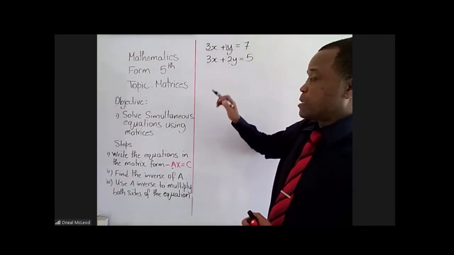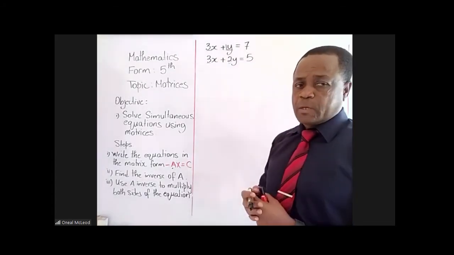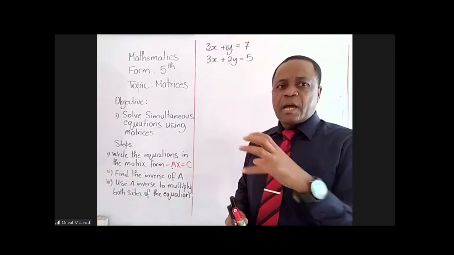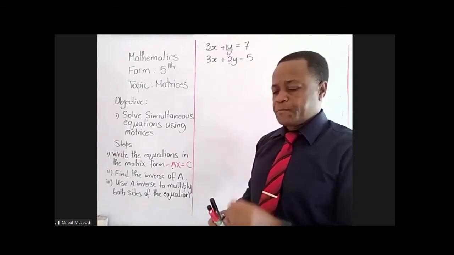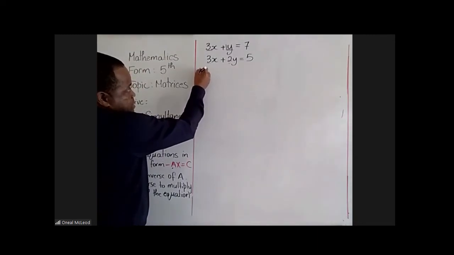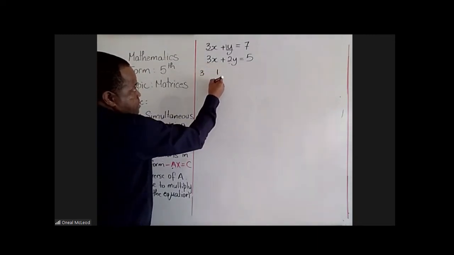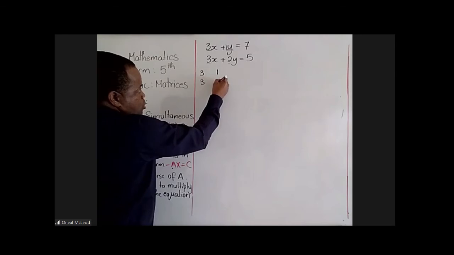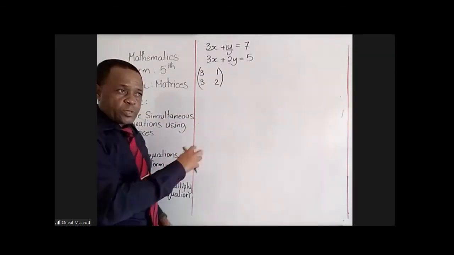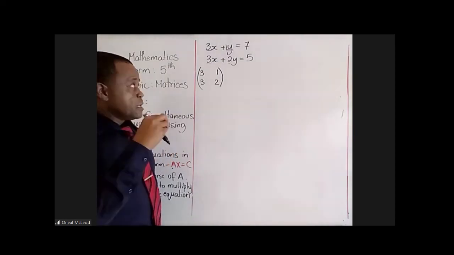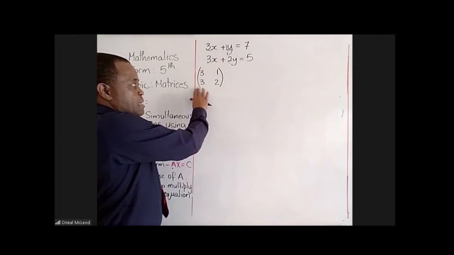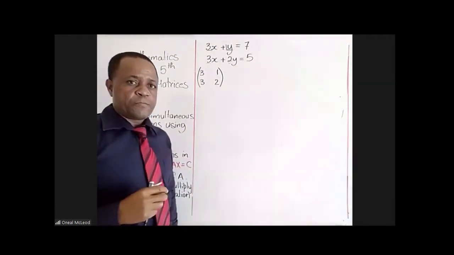Here is 3, here is 2. So we're just going to take out those numbers as is and write them in matrix form: 3, 1, 3, and 2. And that now would be the matrix A.